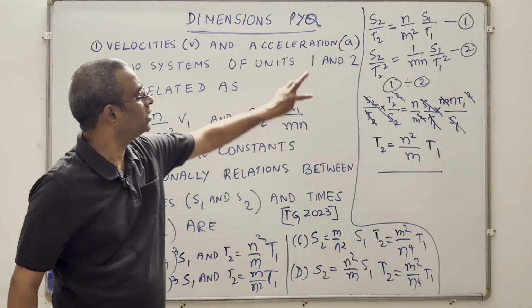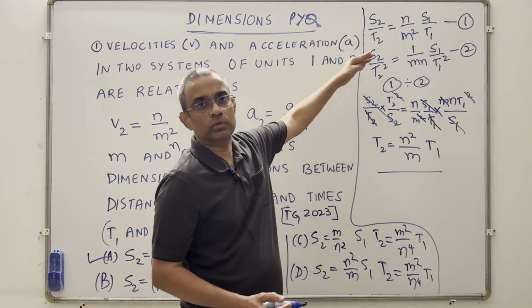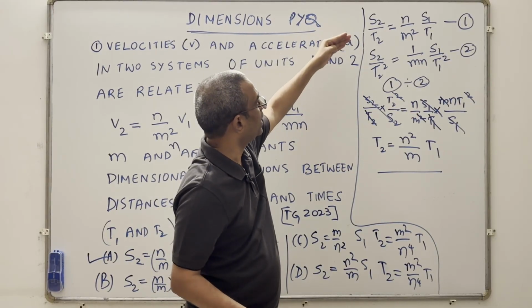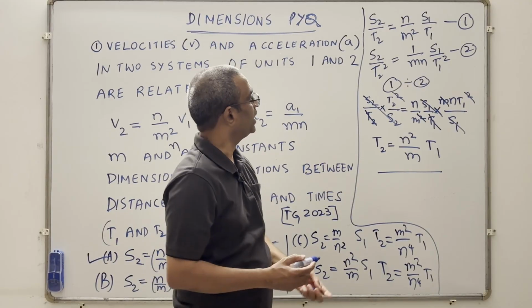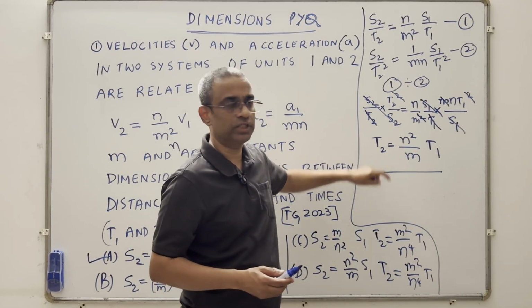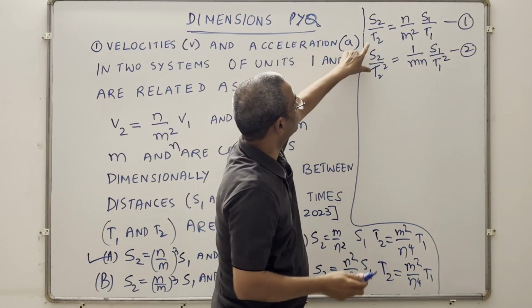We'll solve for S2 also. What did we do? We took that equation and algebraically we saw that if we divide equation 1 by equation 2, we can eliminate S1 and S2 and we have the equation in T2. Now let us do it the other way. How do we eliminate T2?